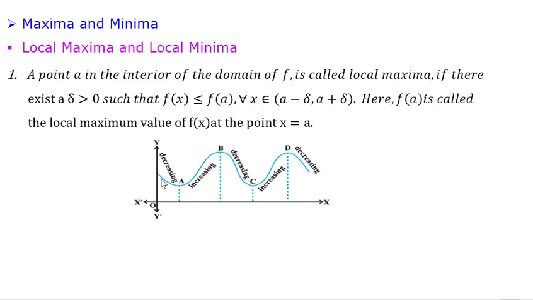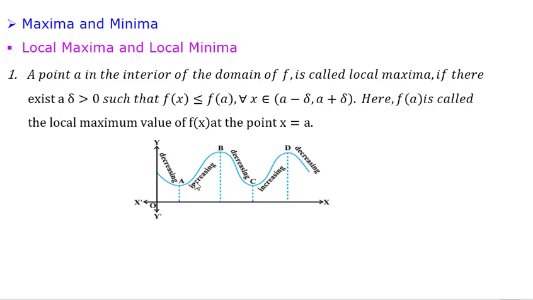Now in this graph you can see that first it is decreasing, then after point A, beyond point A it is increasing, then at point B it is decreasing again, then at point C it is increasing, then at point D it is decreasing. So we are seeing that at point A and point C we are getting the minimum value, and at point B and point D we are getting the maximum value.